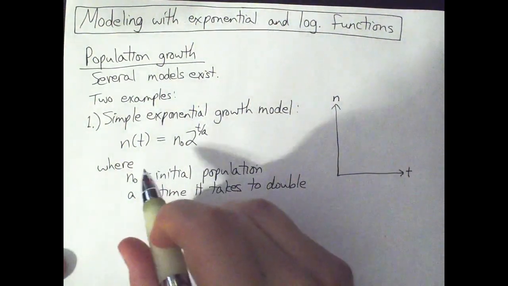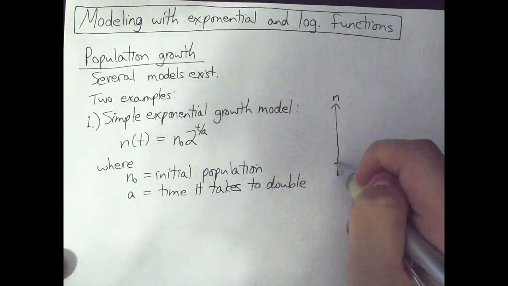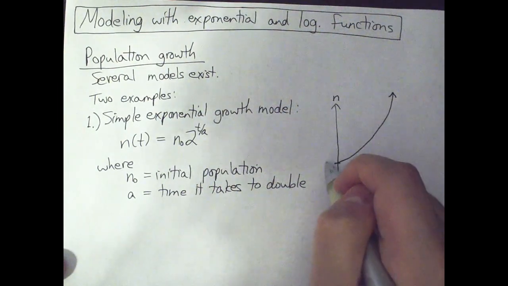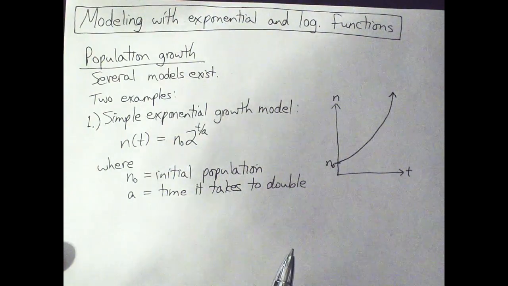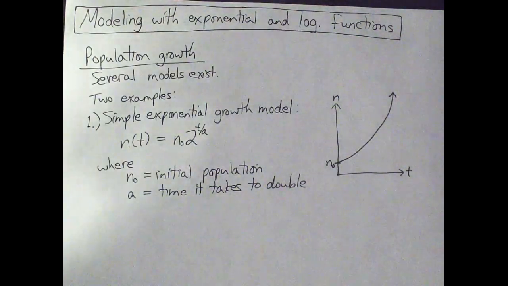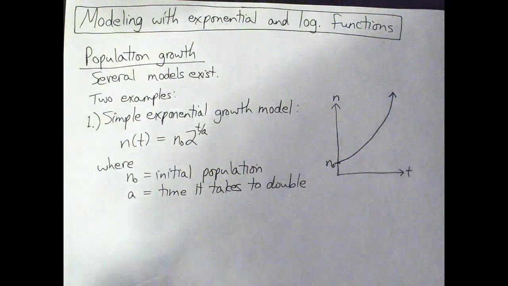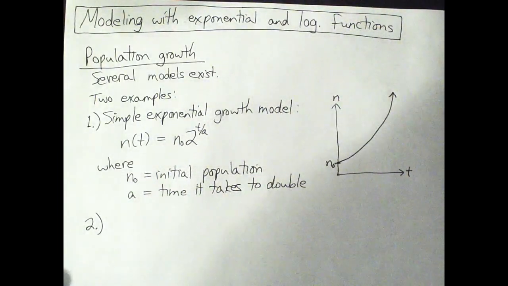And this would look something like an exponential curve that goes up and up and up and up. And it started at a value of n sub 0. Okay, so population doesn't really start at 0. It starts at some positive number, and then it goes up and up and up exponentially. So that's one model that can be used for population growth.